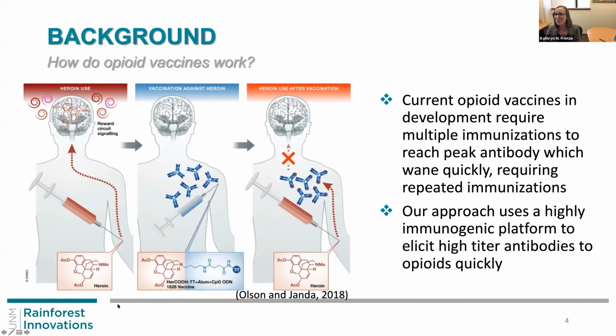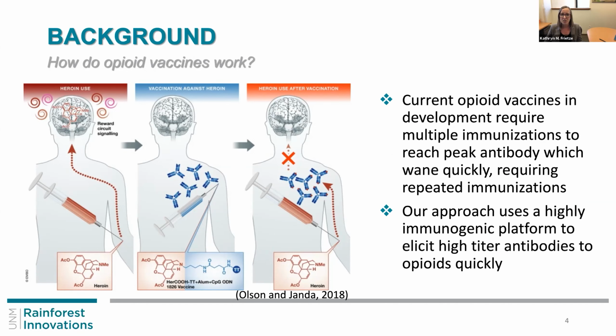And so you may be asking yourself how opioid vaccines are supposed to work. We all know there's an opioid epidemic going on, with individuals suffering from opioid use disorder or addiction, and also a lot of people dying from opioid overdose.